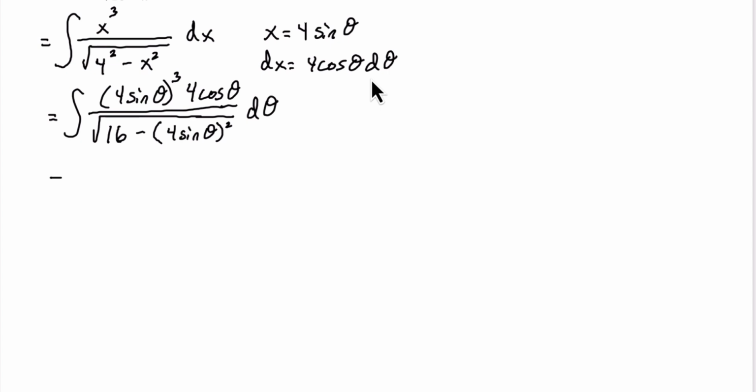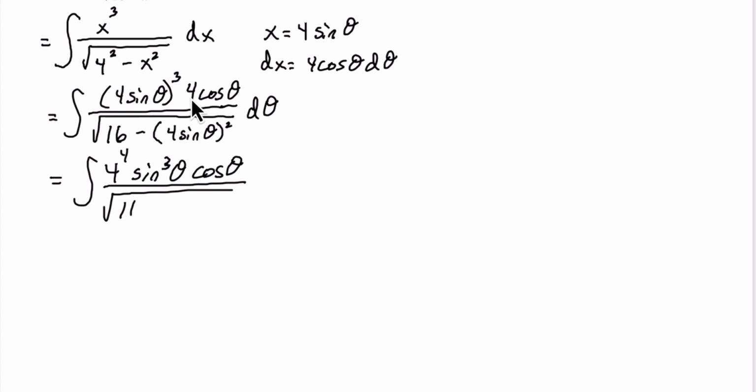From here we'll simplify. 4 cubed times 4 is 4 to the 4th. Sine cubed theta cosine theta, all divided by the square root of 16 minus 16 sine squared theta, d theta.